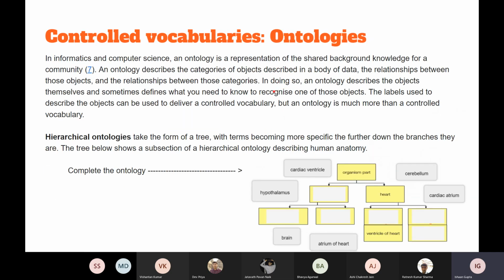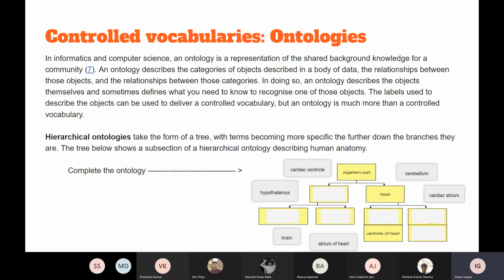Ontologies are used in informatics, specifically computer science, to represent shared background knowledge. I don't know how many people have worked with C++ here. In C++, there is this whole idea of inheritance of one function from another function. So they are also forming ontologies.